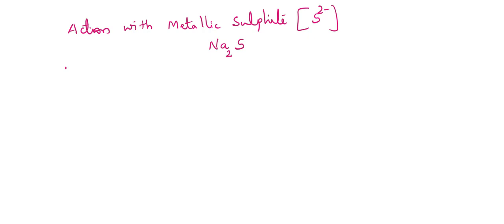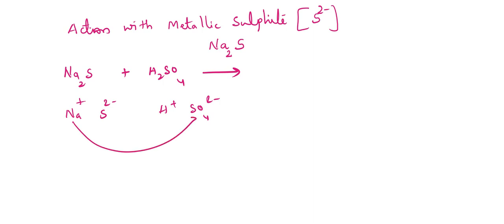So try with the same compound, Na2S plus dilute sulfuric acid gives Na plus, S2 minus, H plus, SO4 2 minus. Combine these, crisscross the valencies, you will get Na2SO4 plus H2S.